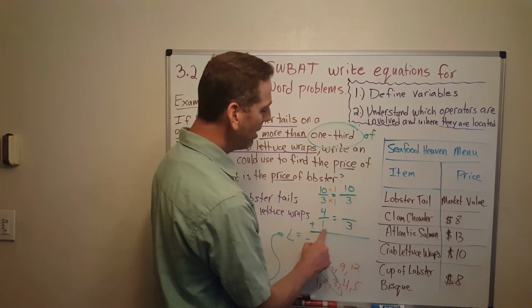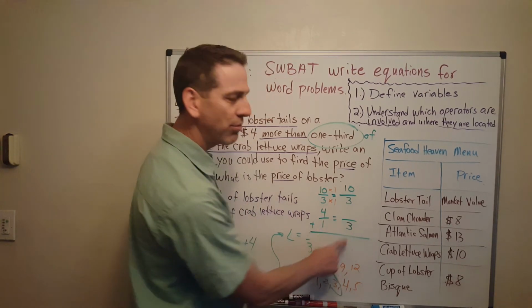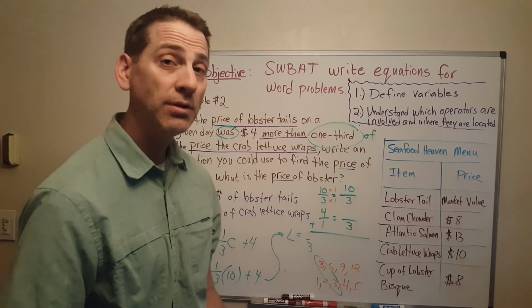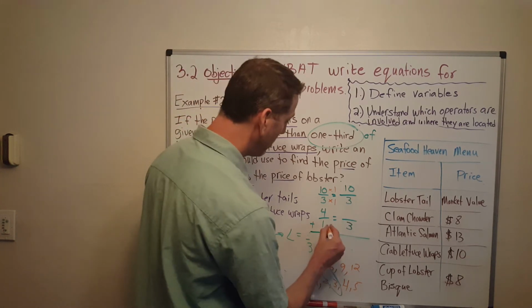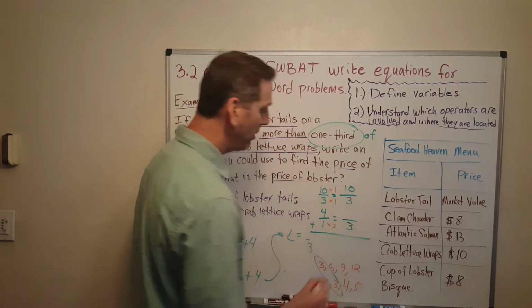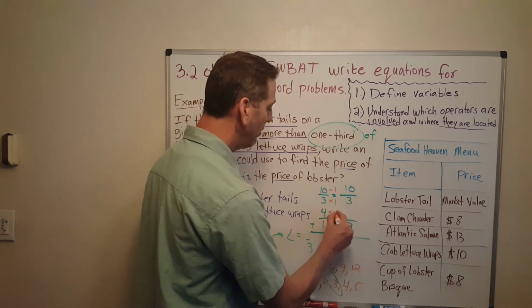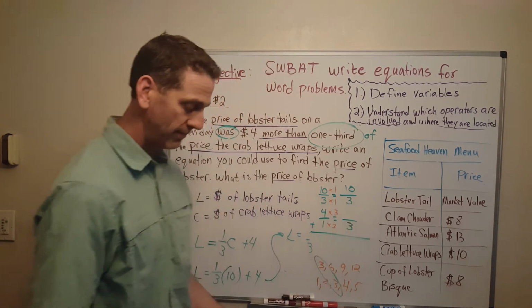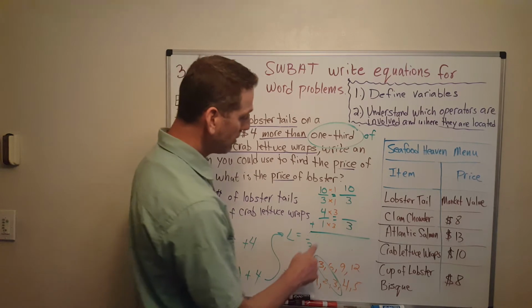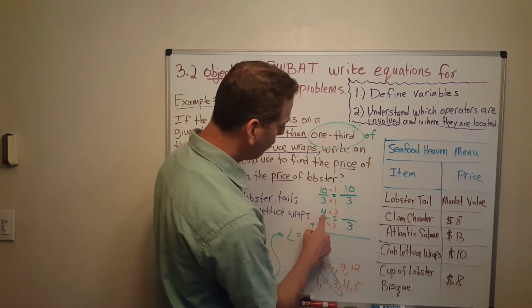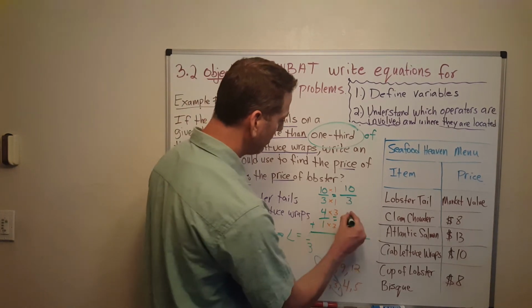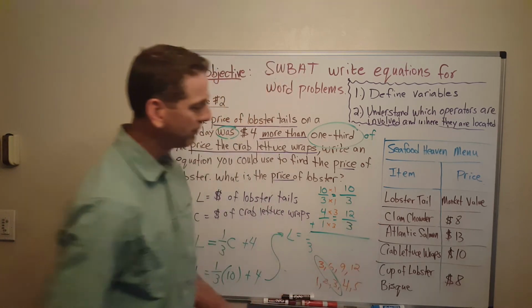How about this bottom one here? 1, what did I multiply the 1 by to get 3? I had to multiply by 3, didn't I? So I'm going to multiply the bottom there by 3, and I'm going to multiply the top by 3. Okay, so 1 times 3 is 3. 4 times 3 is 12.